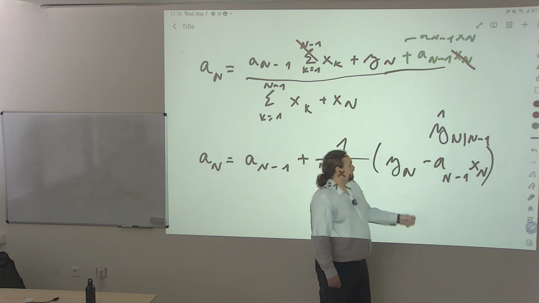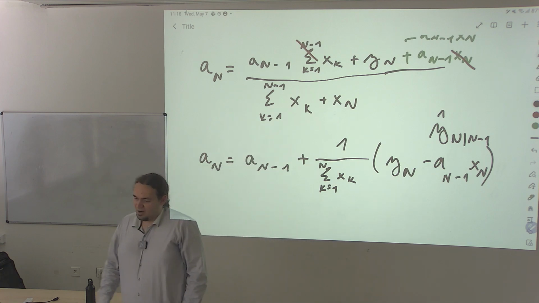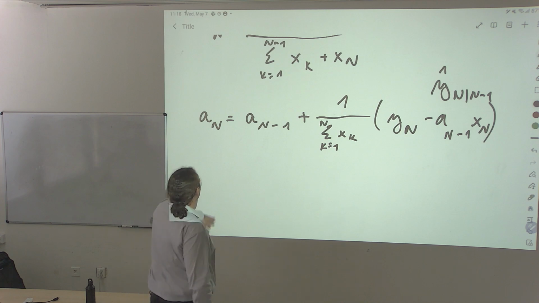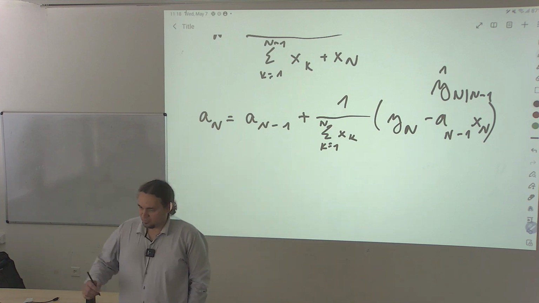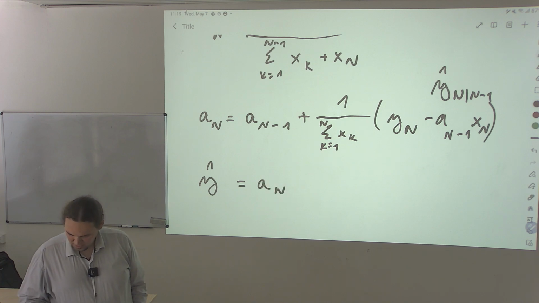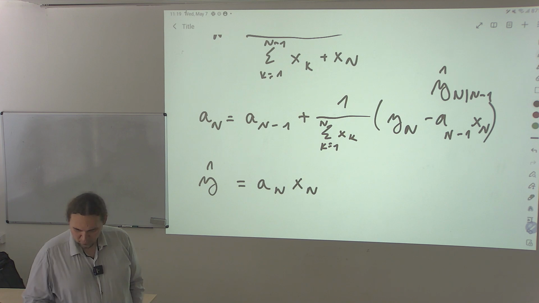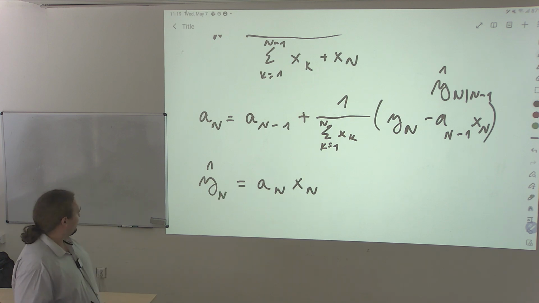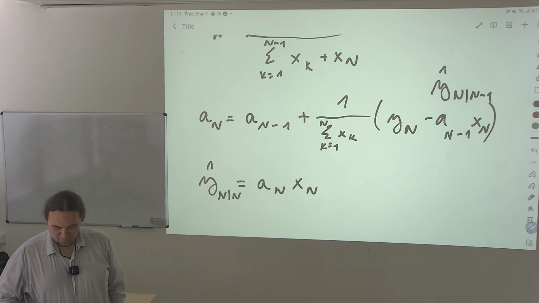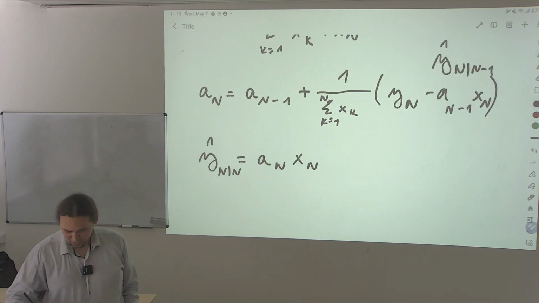I haven't taken this measurement yet, but if I take it, I will have a new prediction: the updated value of the parameter times xn. So this will be the prediction of n with all the information until the time point n.